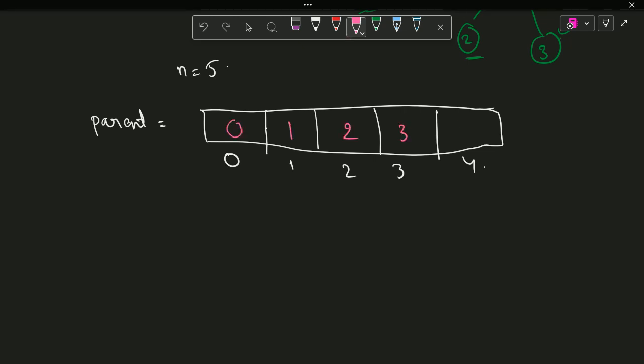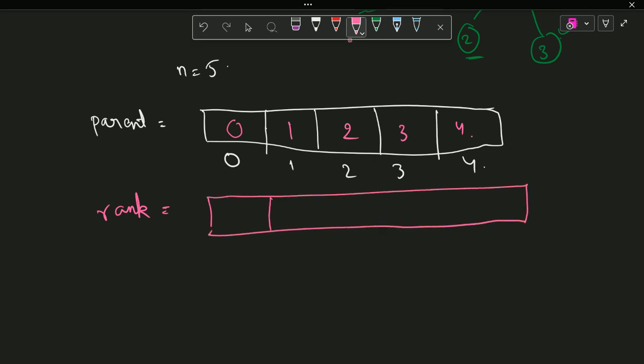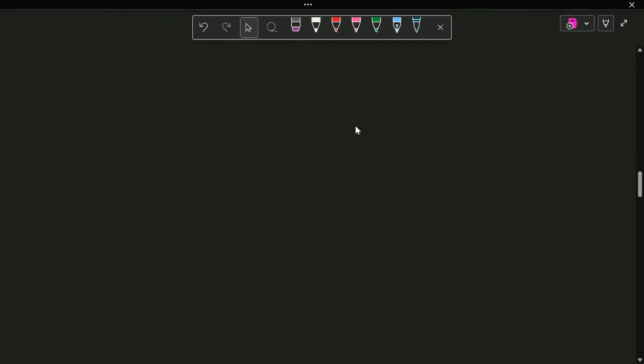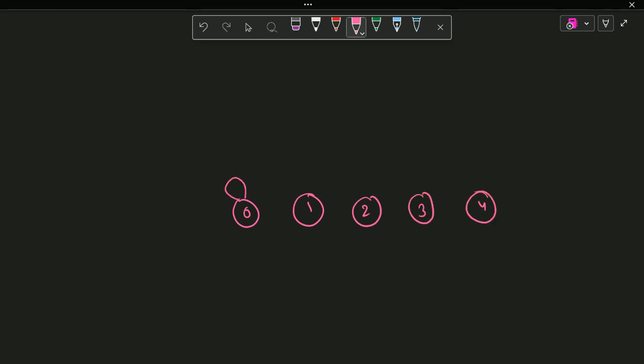Now, rank is used to track how many parents above this element there are. Initially, for every element the parent is itself.